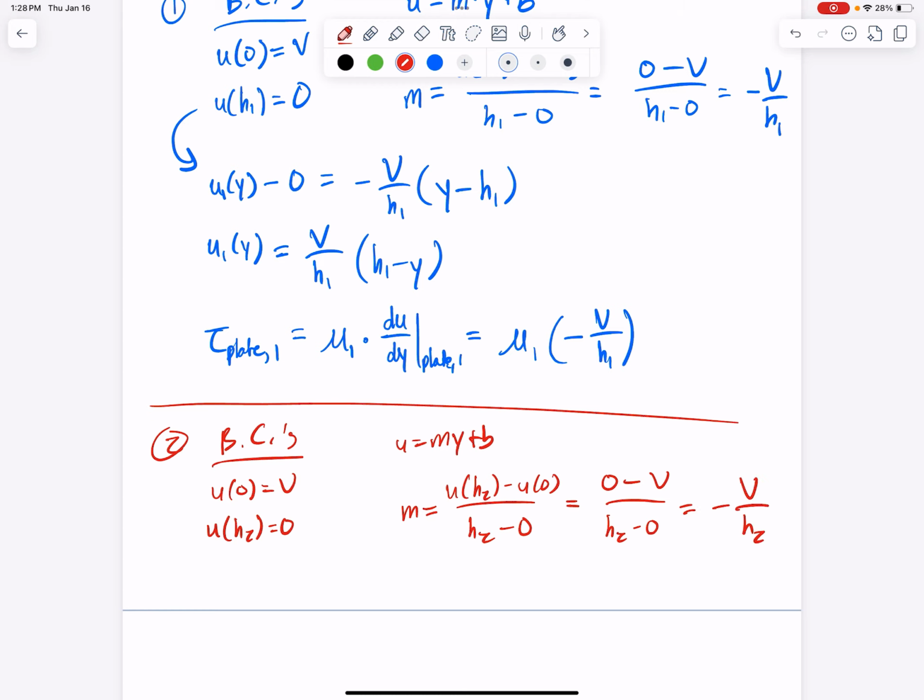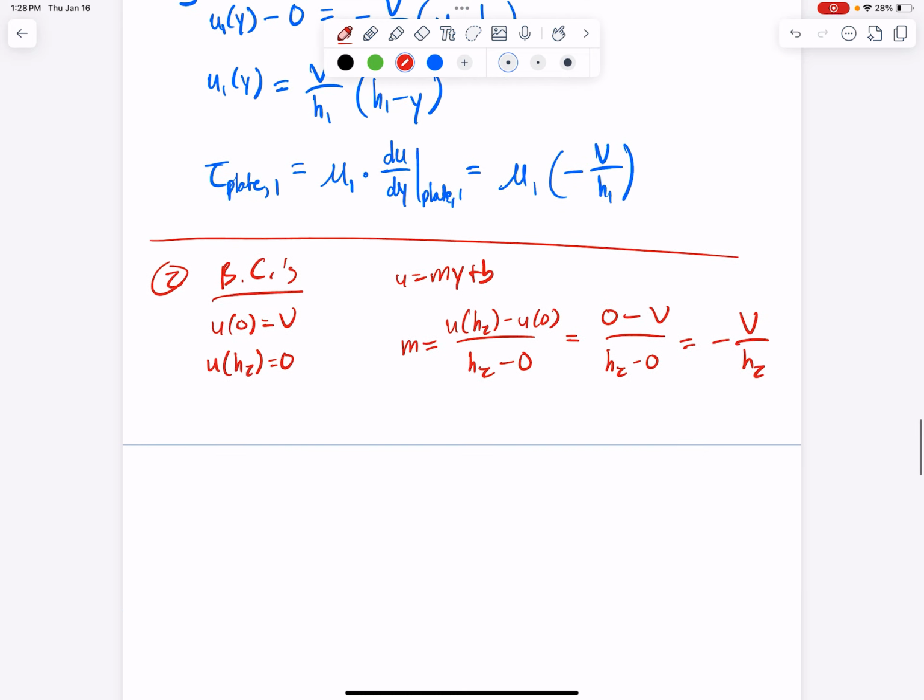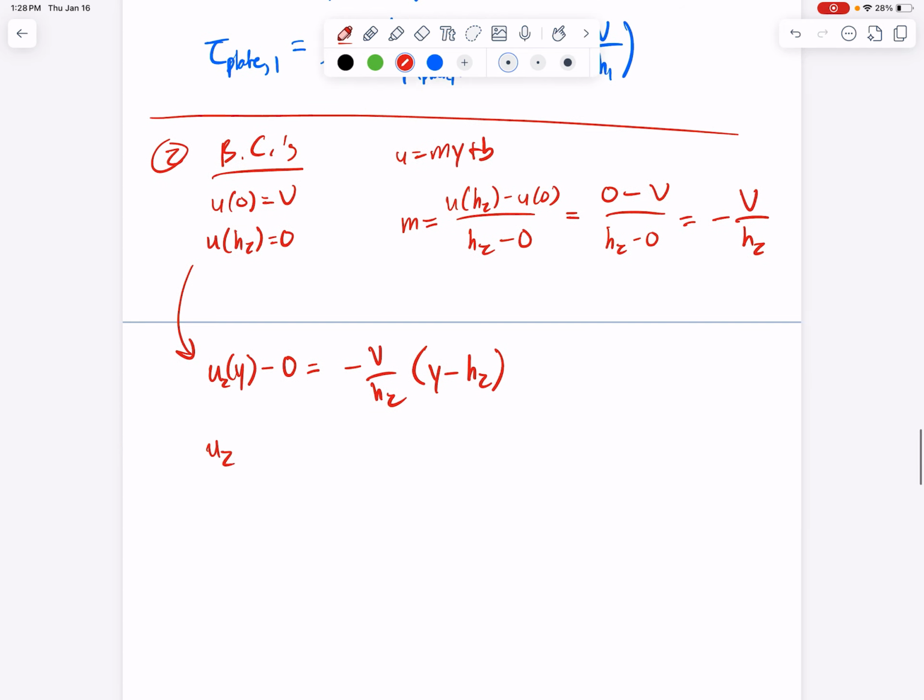My slope is negative v over h2. I'm going to use point slope form now, using this one. u2 minus 0 equals the slope, negative v over h2, times y minus h2. Therefore, my velocity profile beneath the plate with respect to our new coordinate system is v over h2 multiplied by h2 minus y.